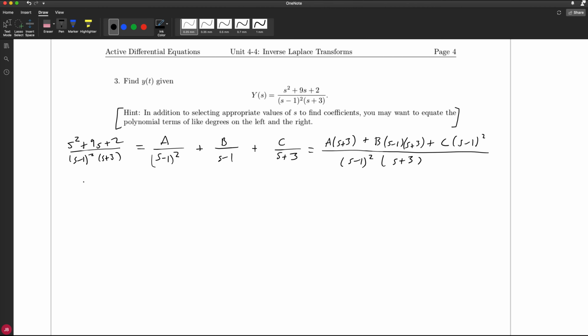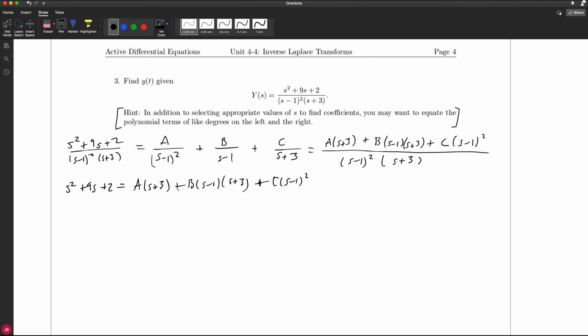Okay. And so what that tells us, equate numerators now, right? That tells us that s squared plus 9s plus 2 has to equal A times s plus 3, plus B times s minus 1 times s plus 3, plus C times s minus 1 quantity squared.